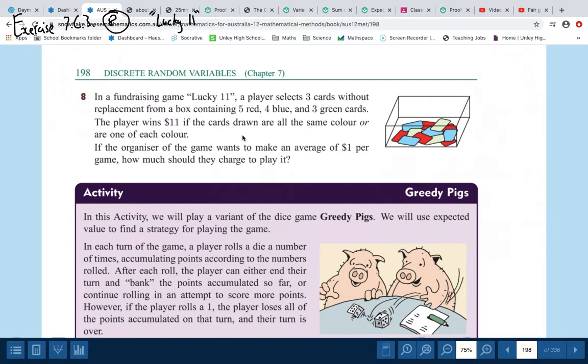If I get 3 cards that are all the same colour, or if I get 1 red, 1 blue and 1 green, and the order doesn't matter there, then I win $11, and that's why it's called Lucky 11.